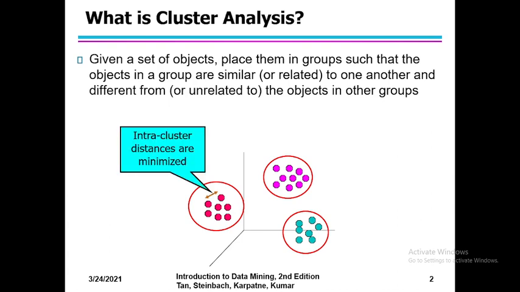Now here you have some data points. Whenever you are grouping or clustering, always remember two points. One is that the intra-cluster distances are minimized. Within the clusters, the distance between the data points or objects should always be minimized. Assume the round circles are small clusters.